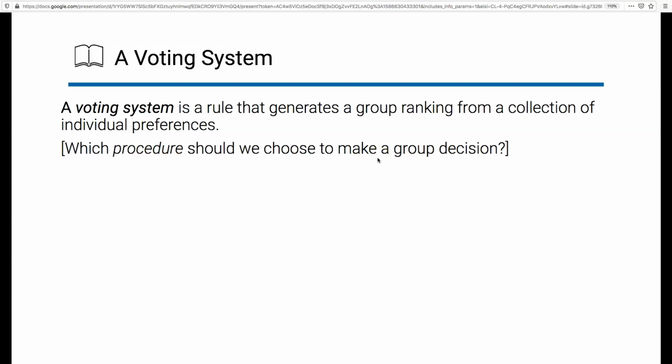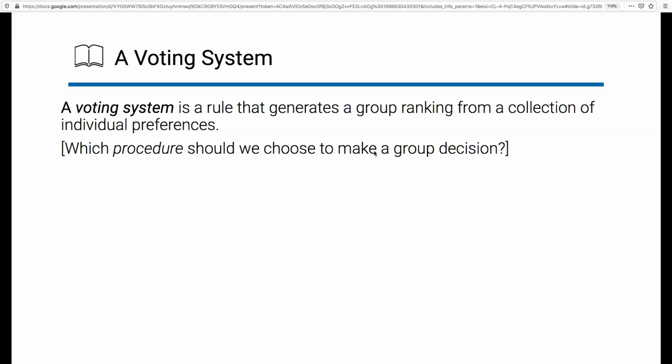And each of you might potentially prefer different places, but ultimately you need to settle down on a single place. And how would you go about deciding which place you're going to go to? This is the kind of situations we're dealing with. Which rule to use to aggregate individual preferences?